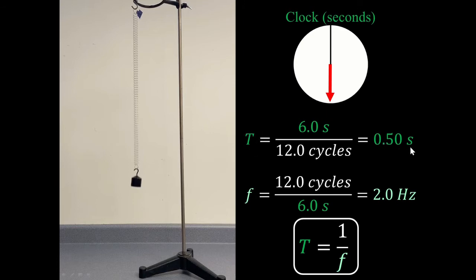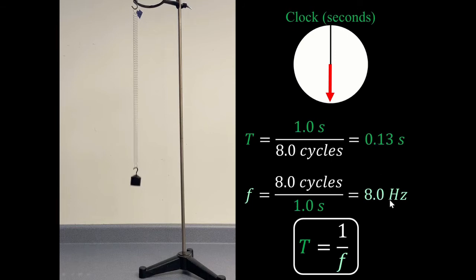It took half of a second to make 1 cycle. And then the frequency is the reciprocal of that. It did 12 cycles in 6 seconds, so that's 2 cycles per second. And we call that Hertz, abbreviated Hz. So 2 cycles per second is what that was.